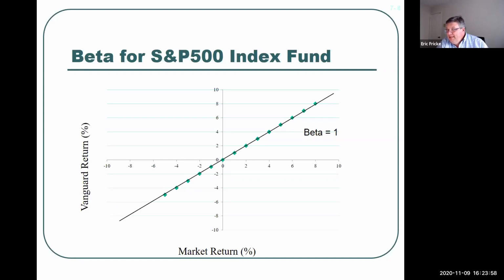This has a beta of 1, which is good, because this is what we use to represent the total market. The fact that it has a beta of 1 is really good because that means it's a good return to use to represent how the overall market is doing.